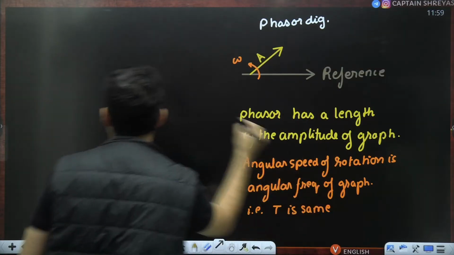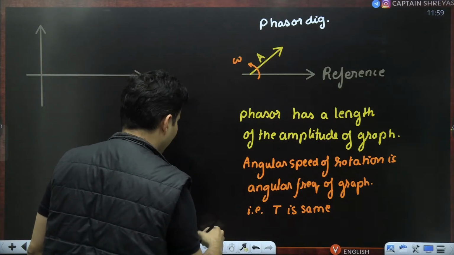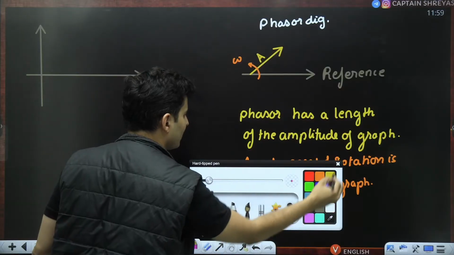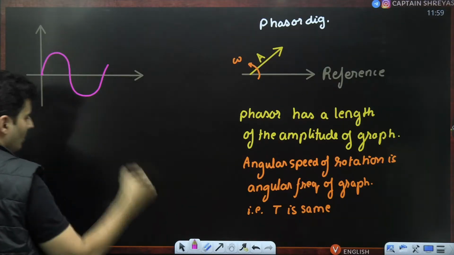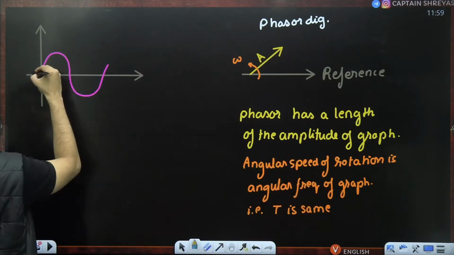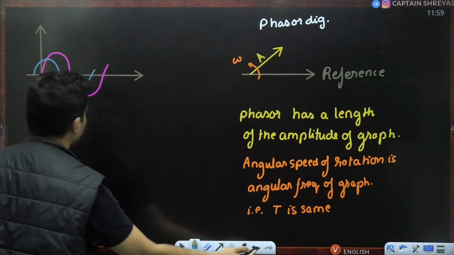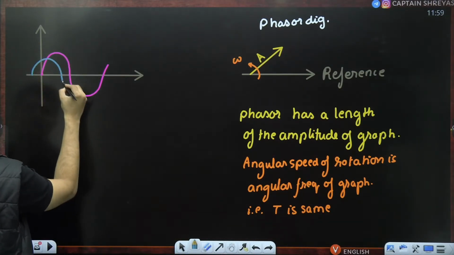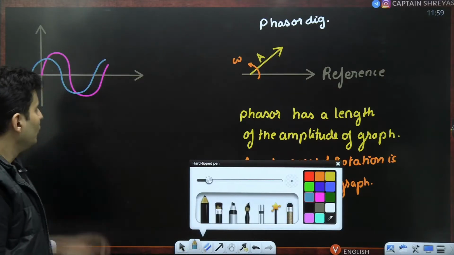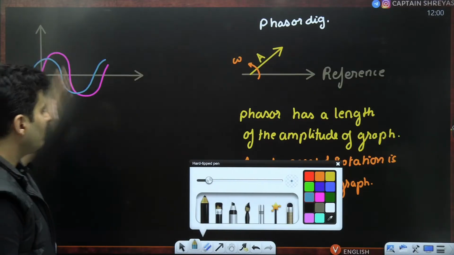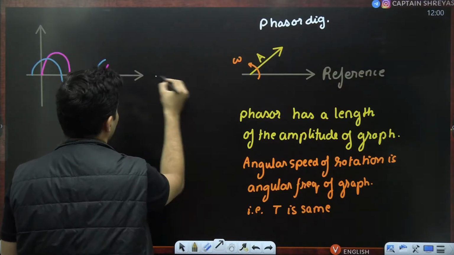Now imagine this. You have a graph, and there are two waveforms in it. Meaning, let's say one is like this, and the other one happens to be, let's say, like this. In these two waveforms, don't you see their phasors will not be at the same place at the same time?